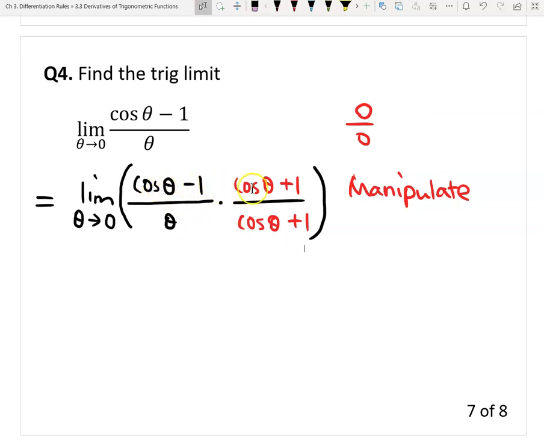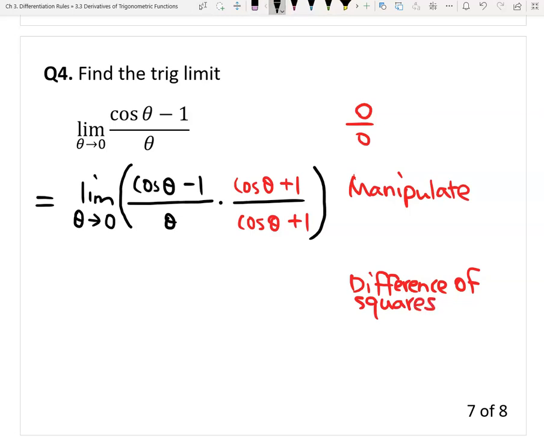At the top, we can use the difference of squares, right? And at the bottom it's just multiplied together. Now all we need to do is use this formula. If someone remembers, we call it the difference of squares. We're going to use the difference of squares.